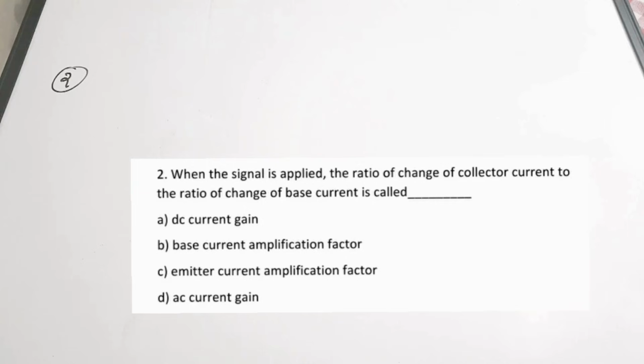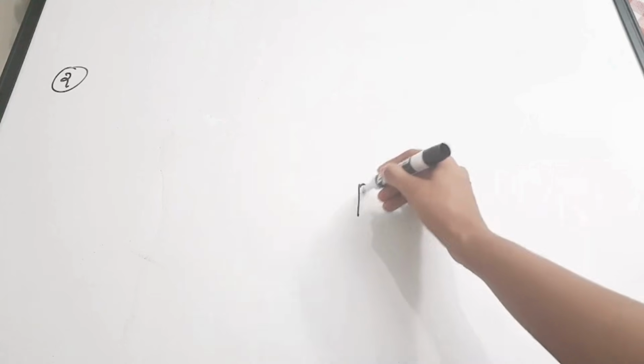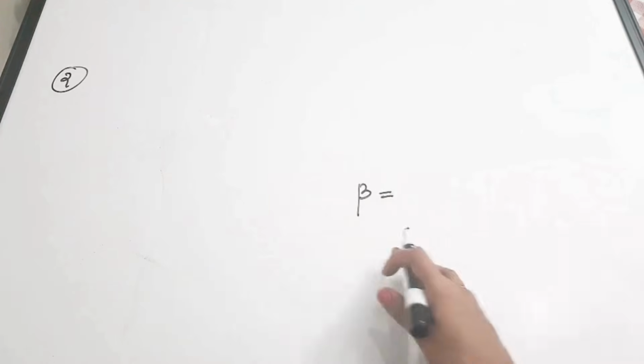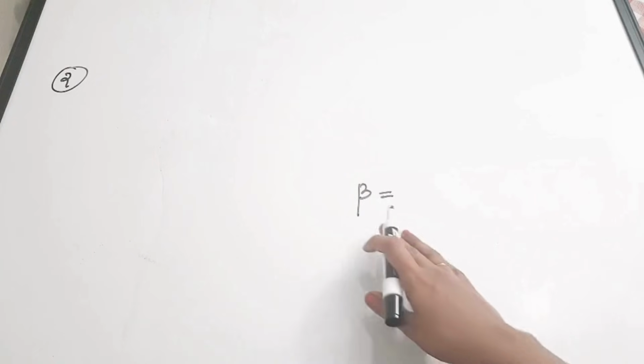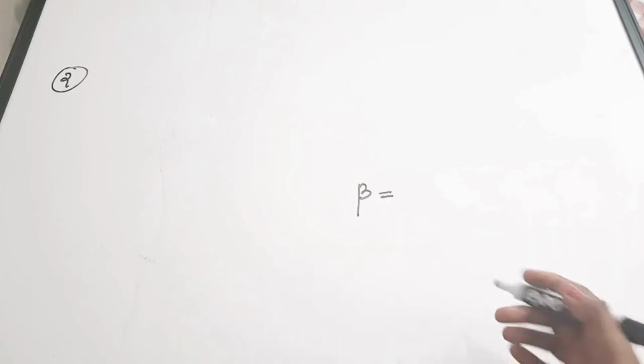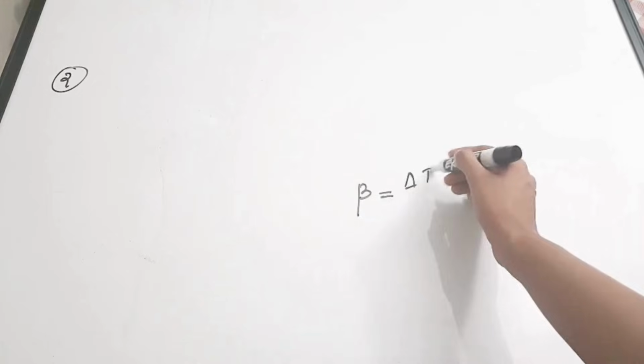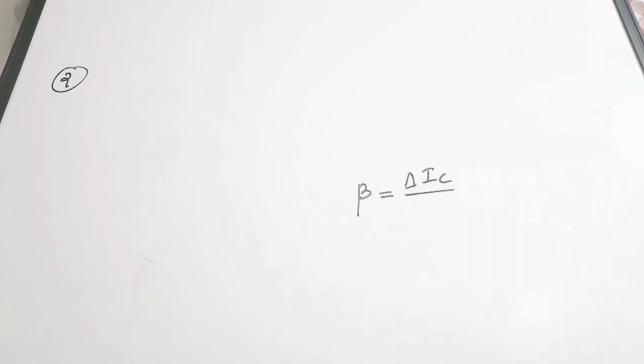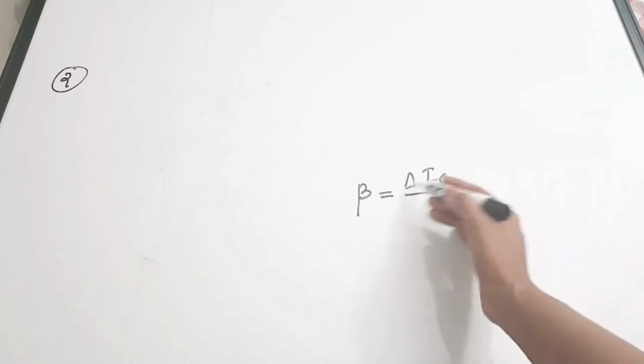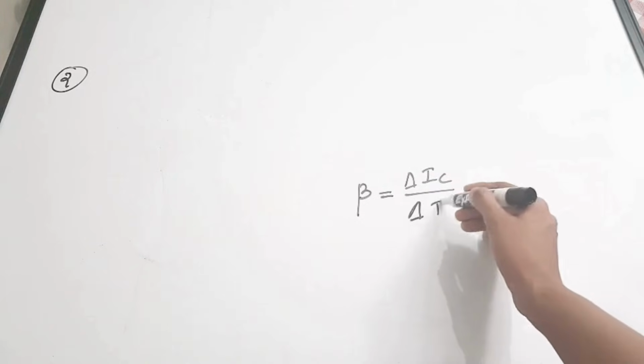Why? Because we are going to apply an input signal, right? So when there is an input signal, it is called AC current gain. For the earlier case, we were not considering any signal applied. But here we are going to apply a signal, and in that case, beta will be delta IC, the change in collector current, to delta IB, the change in base current.